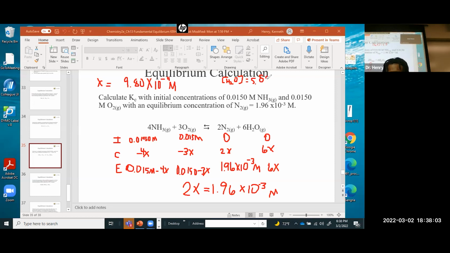5.88 times 10 to the -3. The concentration of oxygen at equilibrium is going to be 3 times that value: 0.0150 minus 3 times 9.8 times 10 to the negative 4.